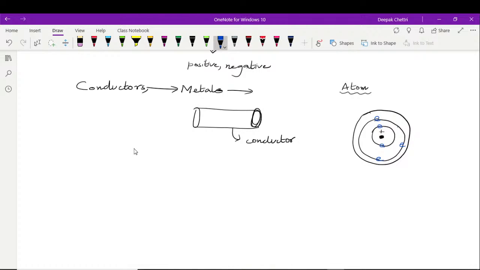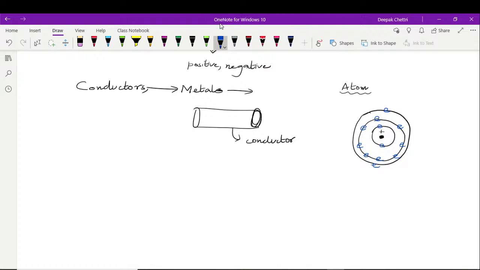Depending upon the number of the shell, you can also find out how many electrons it can store. For example, the first shell can store only 2 electrons, and so on. It will go 2, 8 and so on, right? This knowledge you have from chemistry, right?